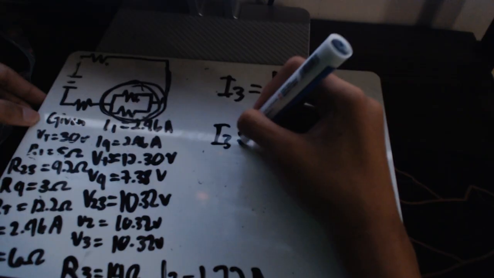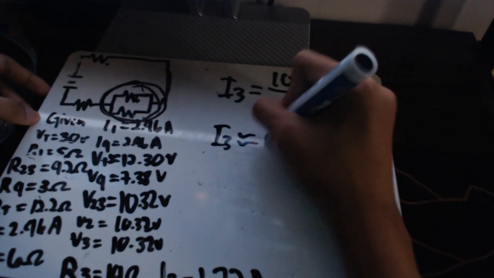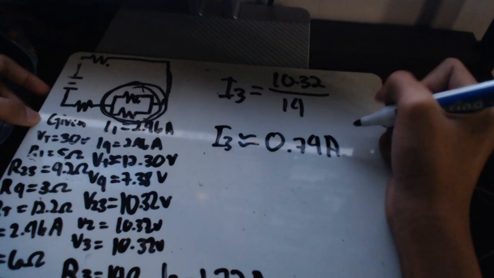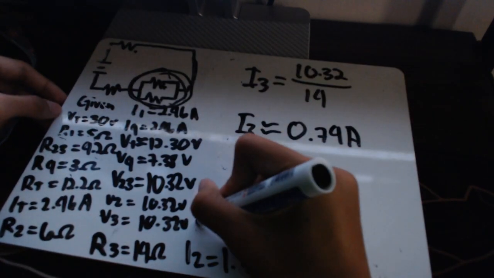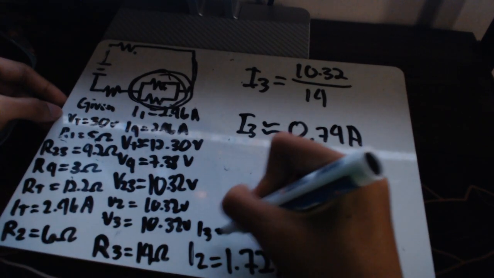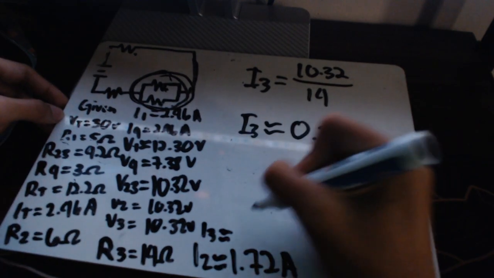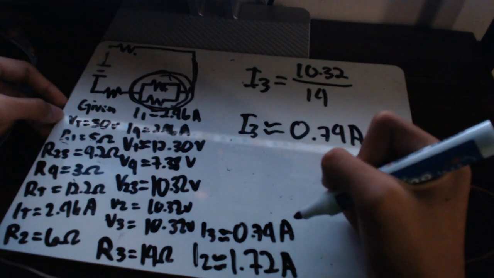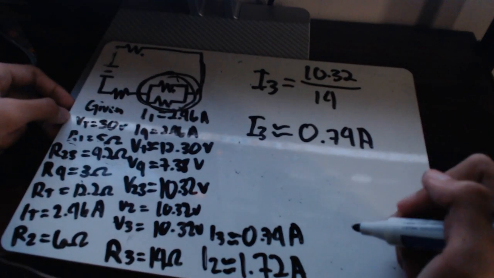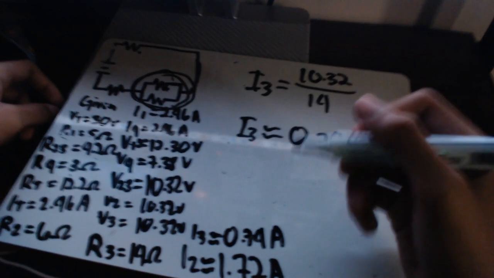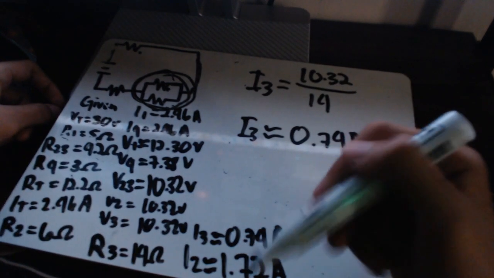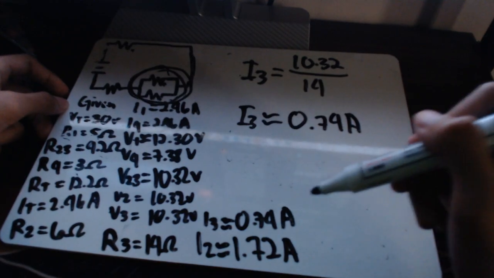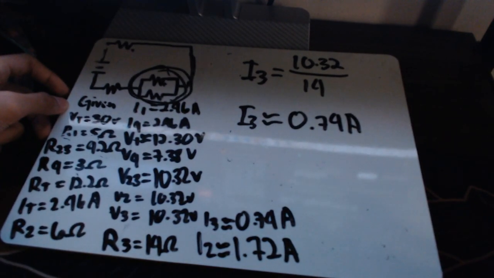I3 is approximately 0.74 amperes. So the current running to I2 is 1.72, and the current running to I3 is 0.74.